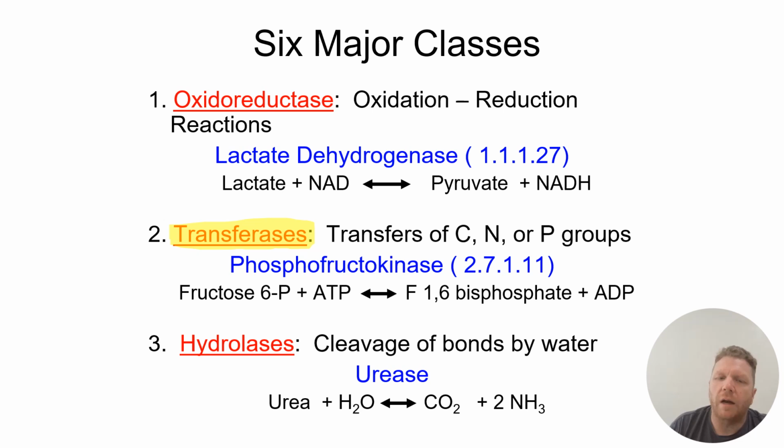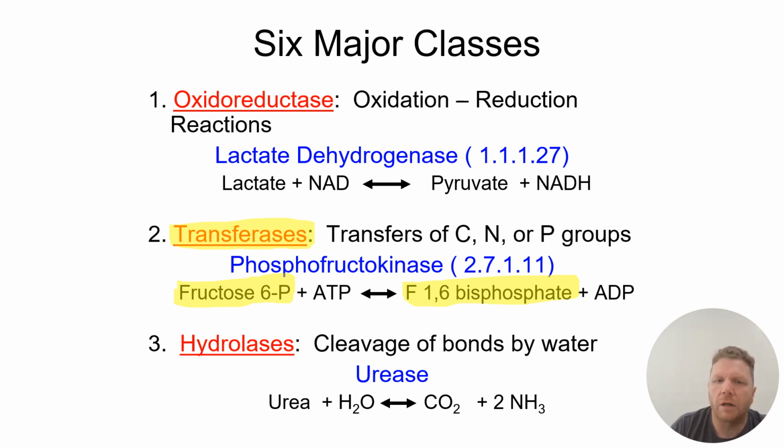Now, with that in mind, one example enzyme that carries out this reaction is one of those enzymes from glycolysis. Fructose 6-phosphate plus ATP is going to yield fructose 1,6-bisphosphate and adenosine diphosphate.